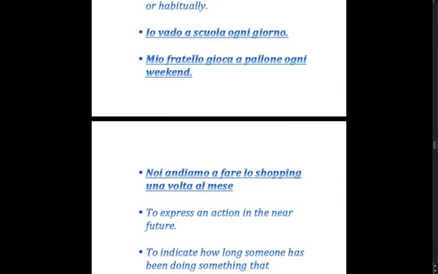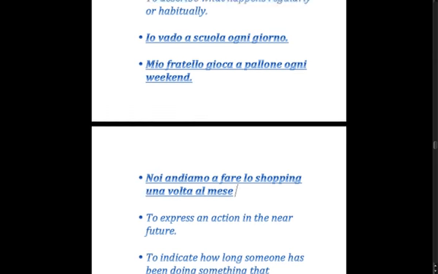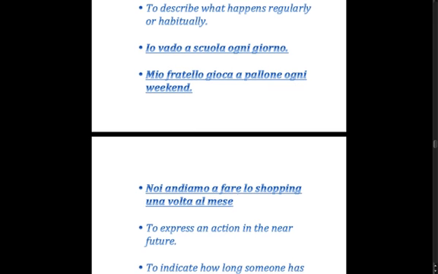So these are just some examples of using the present tense to describe what happens regularly or habitually. So I go to school every day. My brother plays soccer every weekend, and we go shopping once a month. Una volta al mese, once a month.